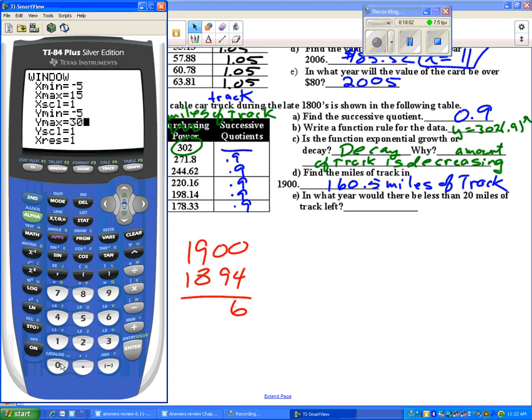So I'm going to make this 305. And let's go past 15. Let's make this 25. That's a guess. Graph. There's my equation. Oh, I don't see the intersection. So I need to make my y's go past 25. Let's make it 45. See the intersection? I can find the intersection. 5, enter, enter, enter.